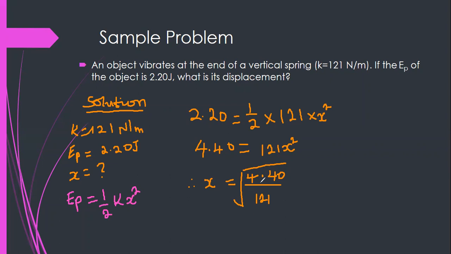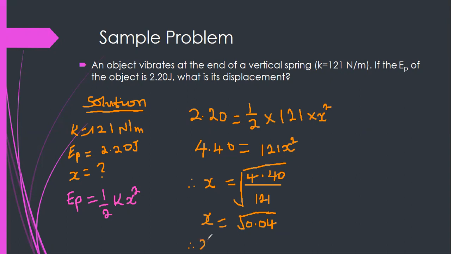When you find the value of this, it is going to be 0.04. So divide this by this and take the square root, so we should have the square root of 0.04.